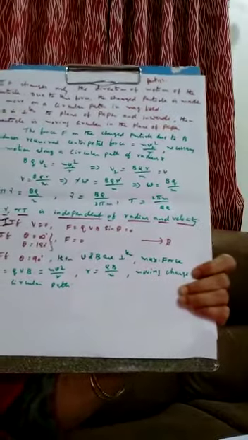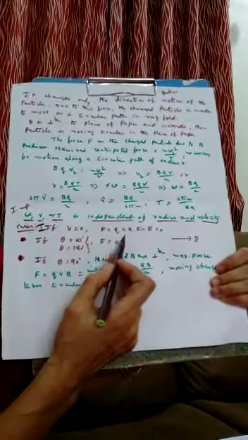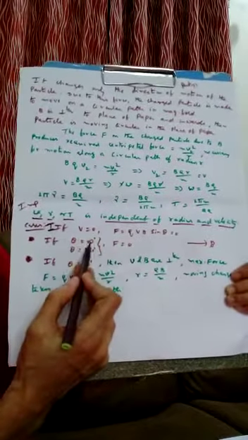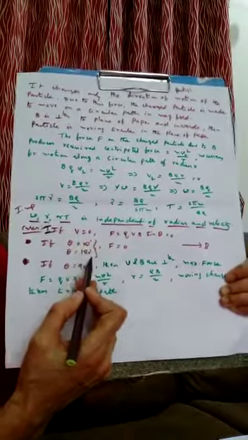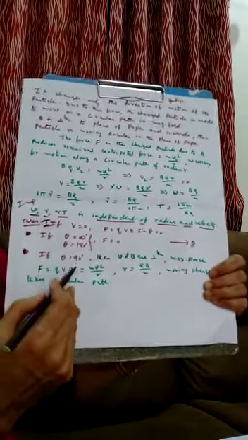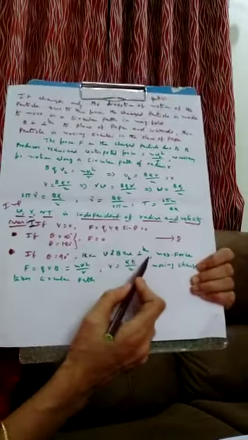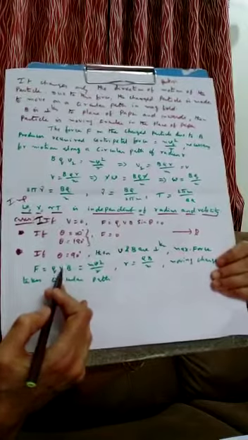Why? Because we know the formula for force is QVB sin theta. Here theta is 0 or 180. Sin 0 is 0, sin 180 is 0. The force is zero. If theta is 90, then V and B are perpendicular to each other, and the maximum force is exerted.